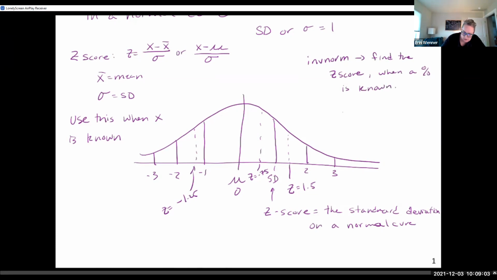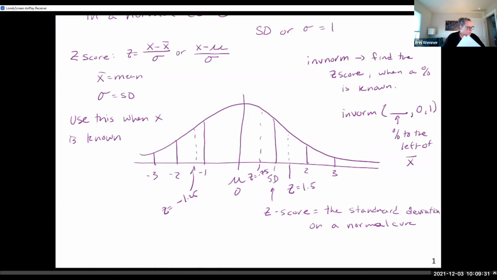That function is inverse norm, then you've got your percentage value, and then 0 and 1. This percentage is the percent to the left.